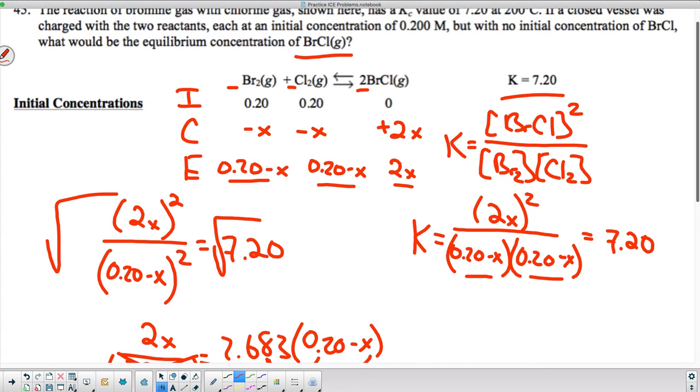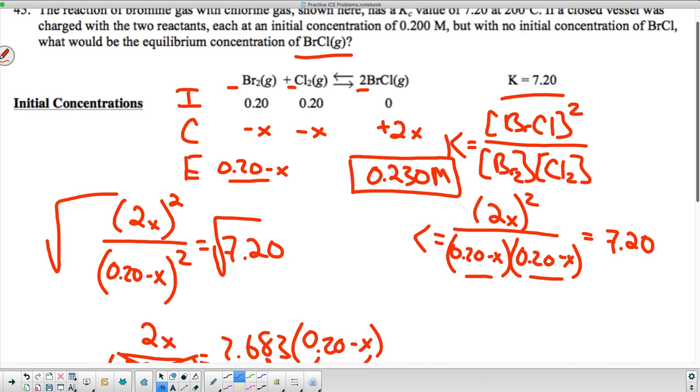And if it's 2x, then 2 times 0.115 equals 0.230 as my concentration.